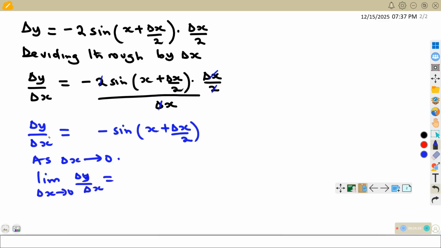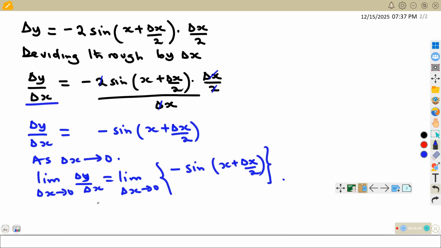And when you take the limit on this side, do the same on the other side, that is, limit delta x tending to 0 of negative sine of x plus delta x divided by 2. So take the limit on both sides. When you take the limit as delta x tends to 0 of delta y over delta x, this becomes dy dx.